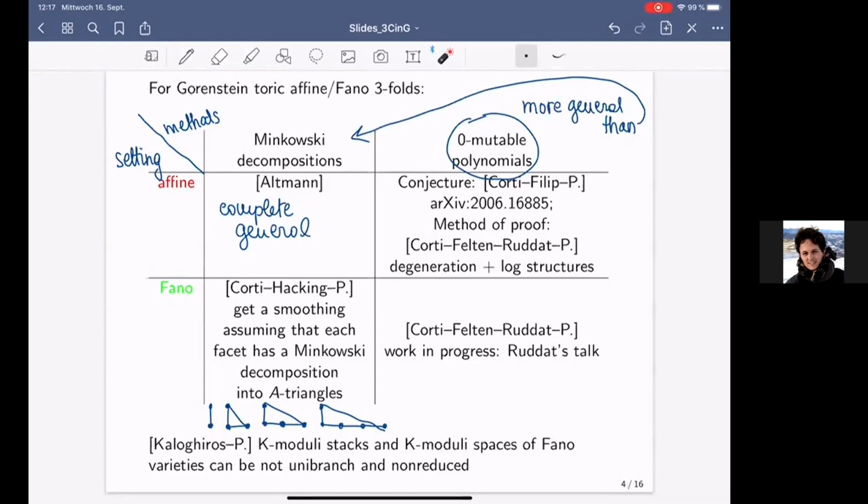Okay. So far, I more or less talked about the first column. So suppose that you have a Minkowski decomposition of a facet, then you get Altmann's theory for affine things, and then we have the second step, the global step, which is done in this case, assuming that the summands are of this particular type.